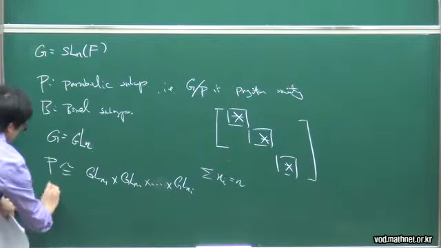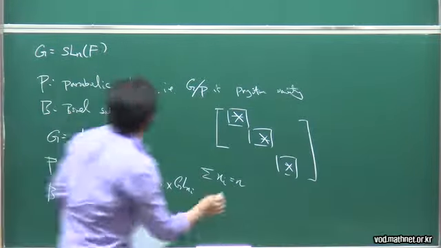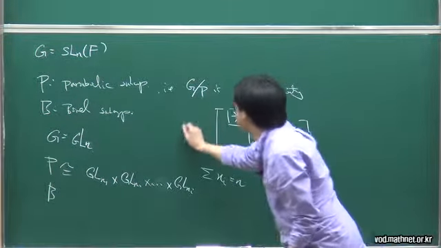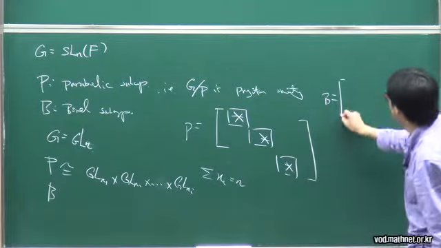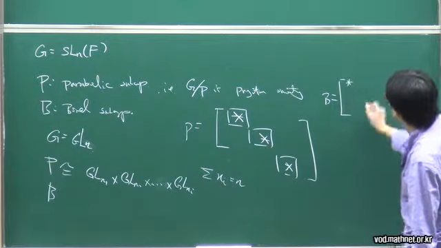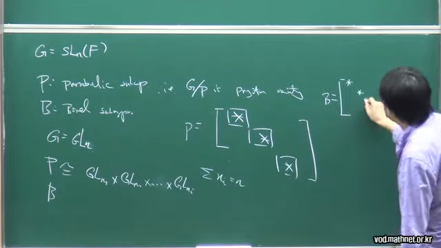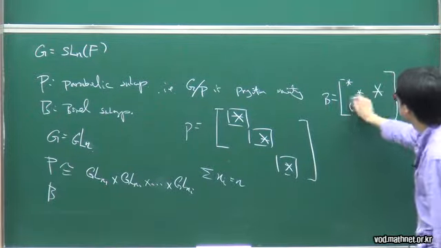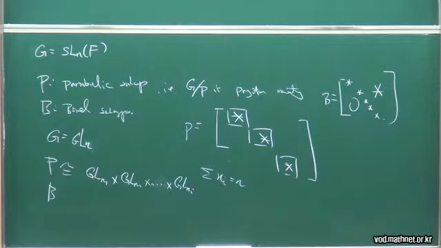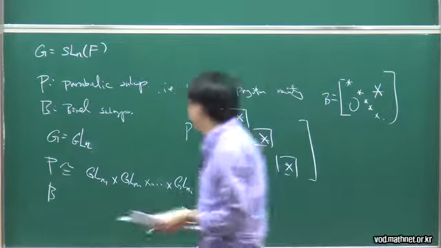And the Borel subgroup is much the same, so it is something like this: an upper triangular matrix, and this is 0. This forms the Borel subgroup. So we have these two cases.